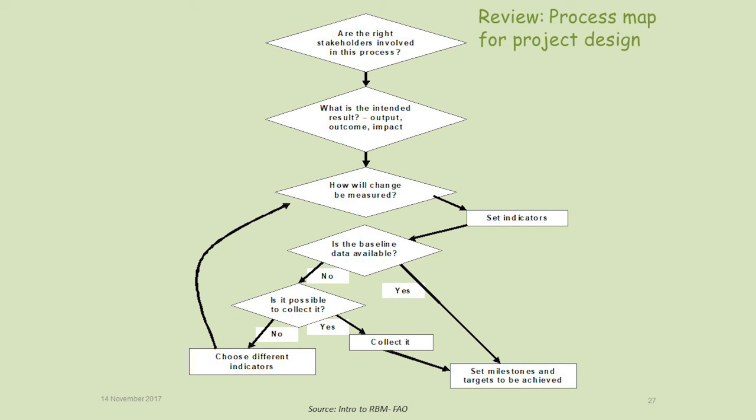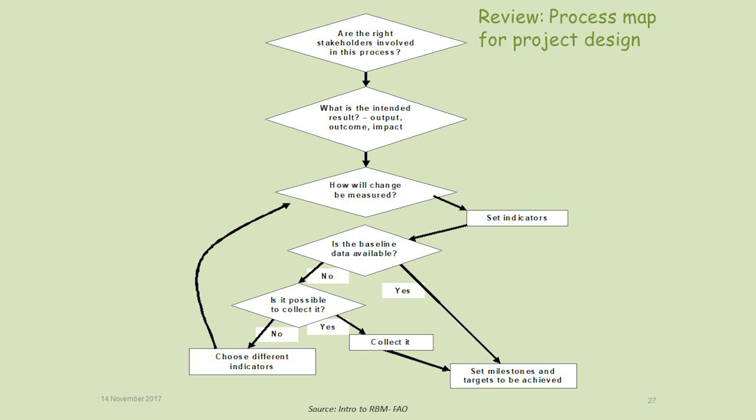Then, once we've identified our objectives or our intended results, we need to decide how we will measure change in those objectives. So we're going to set indicators. Then once we've set our indicators, we need to figure out, is baseline data available for those indicators?